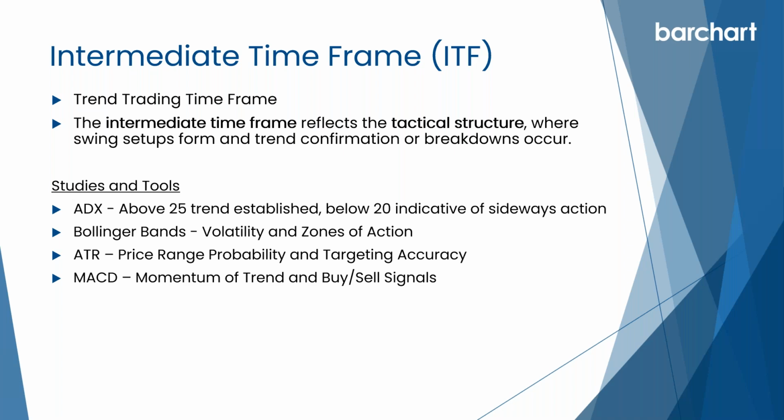Now, MACDs, we're going to use this now as more of a momentum of trend, and we're going to look at buy and sell signals. Now, in the beginning, when we were looking at higher time frames, our MACDs were more of just kind of confirming the momentum of our trend. But we're also going to look at those buy and sell signals.